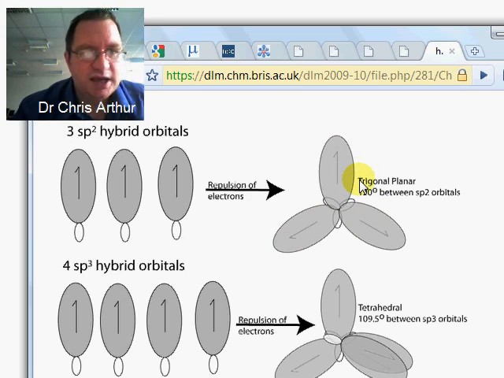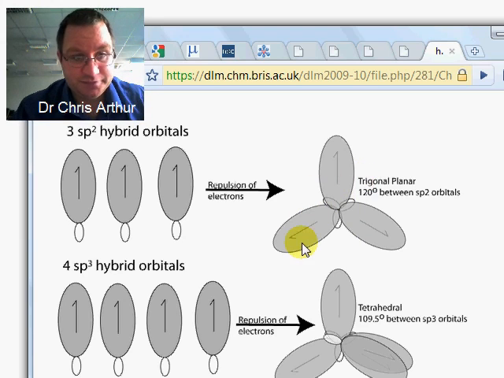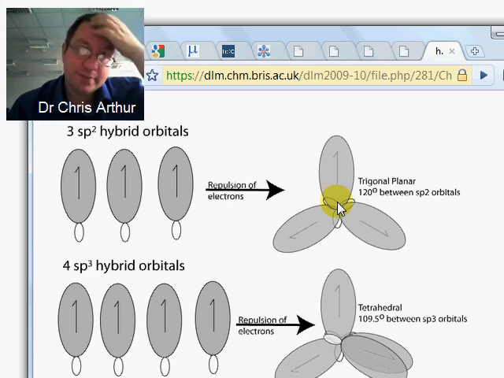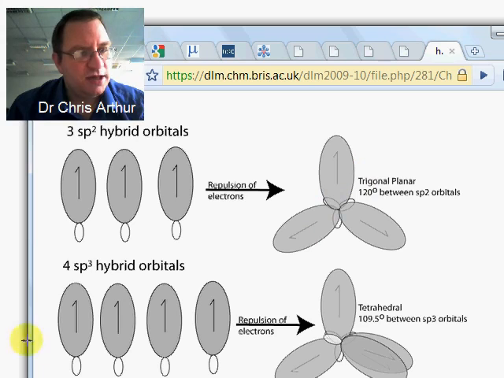This is flat, perfectly flat. It's a triangle with a lobe at each point on this triangle. That's what's called trigonal planar, a planar triangle.